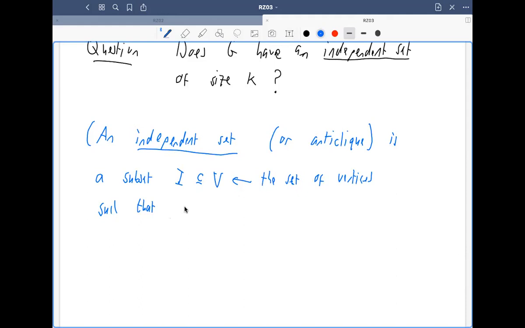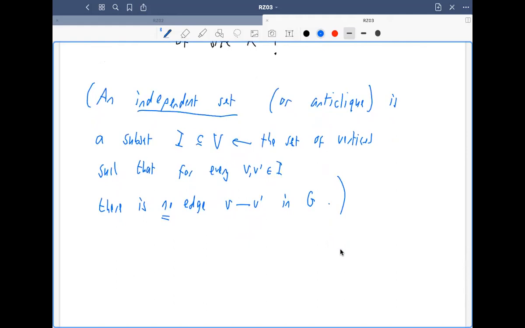So such that for every v and v prime in I, there is no edge from v to v prime in G. Okay.